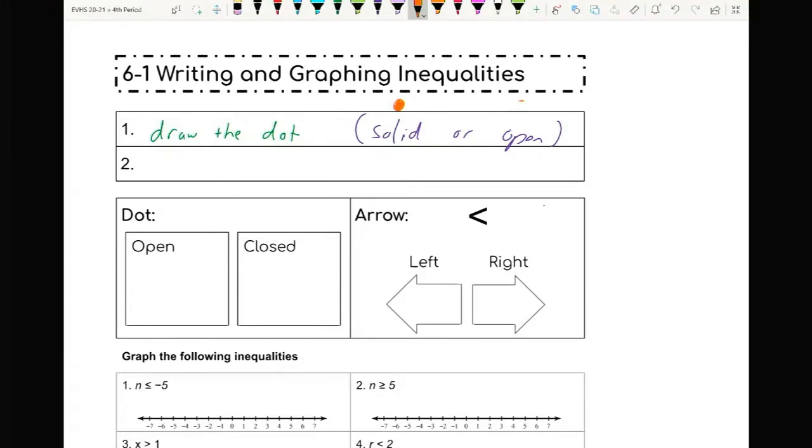An open dot is an open circle. Then you need to draw the line. And the line is going to go either left or right. And when it goes left, we're going to go that way with the arrow on the end, and right that way with the arrow on the end.